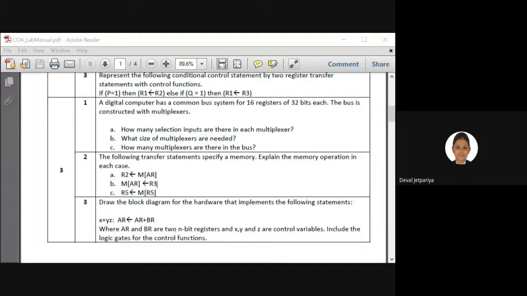No issue. Register addressing mode? No, register addressing is not it. I'm also not able to recall. No issue, if we are having it in the syllabus, at that time we'll see.